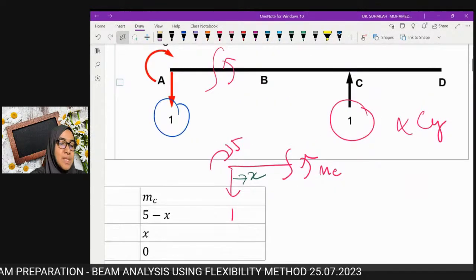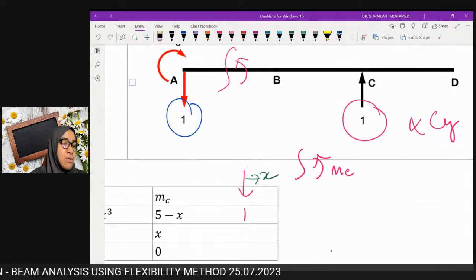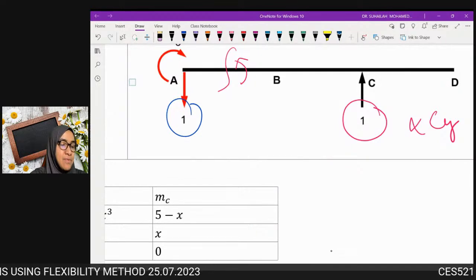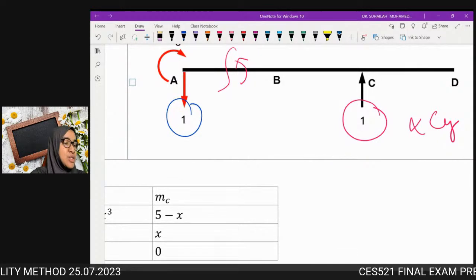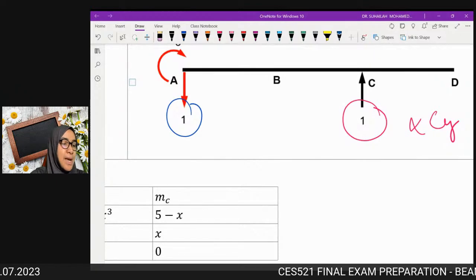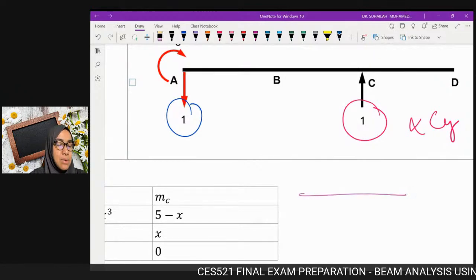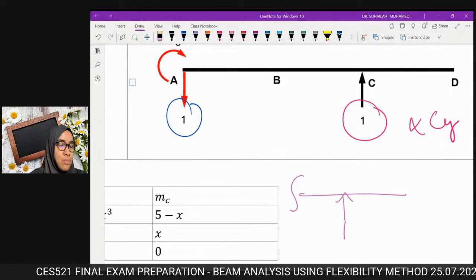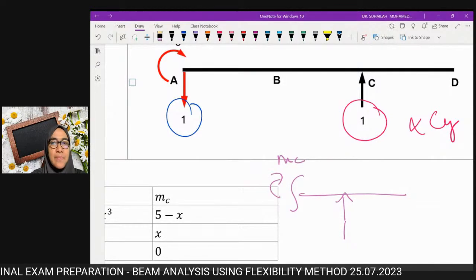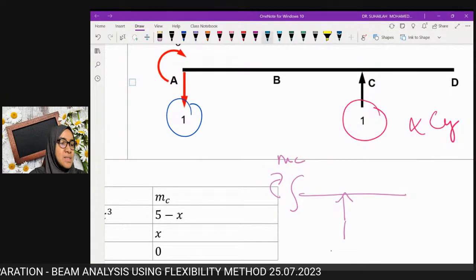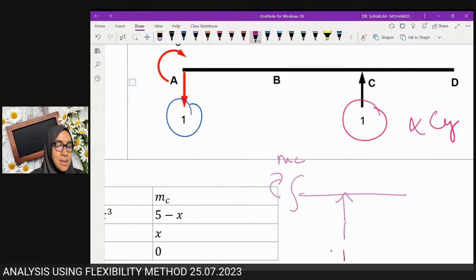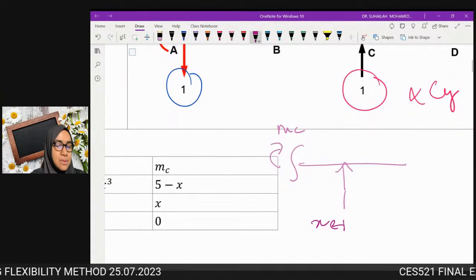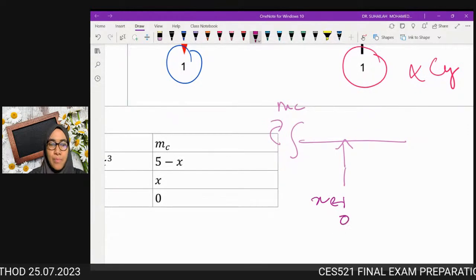MC for member BC. For member BC, the section is going to be like this. Okay, so this is one moment. This is MC. X is here. This is 0.